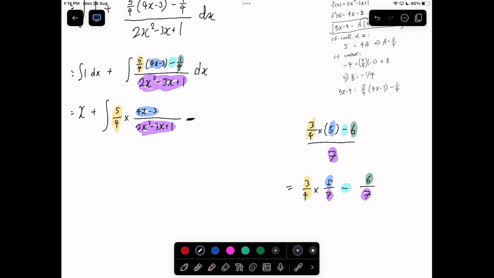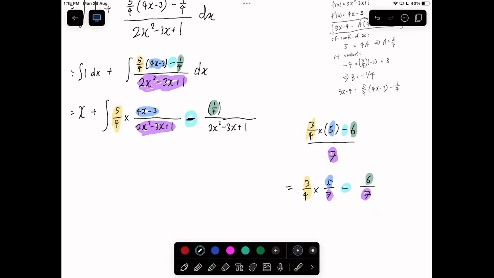Tell me, continue. What else do you have? Negative. Follow the color, green over purple. 1/4 on the top, then 2x squared minus 3x plus 1.